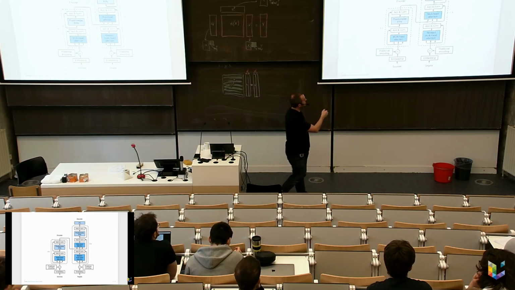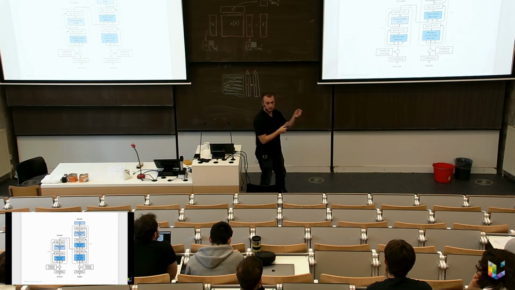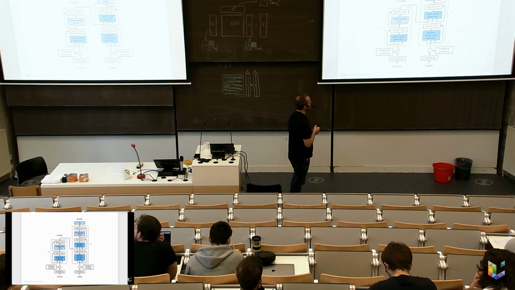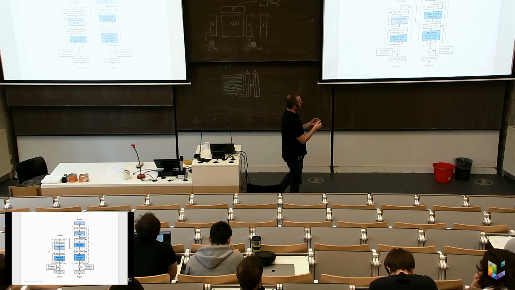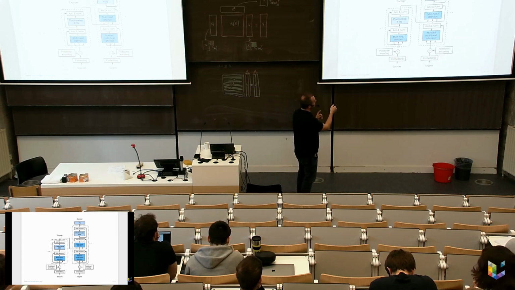So the 2 arrows there, they correspond to the keys and the queries produced by the encoder. No, sorry, I said something wrong. It's not the keys and the queries, it's the keys and the values.